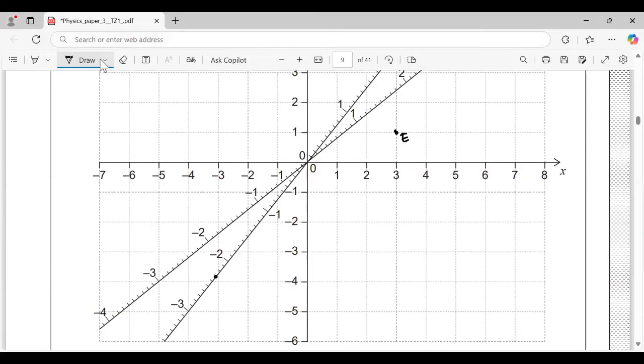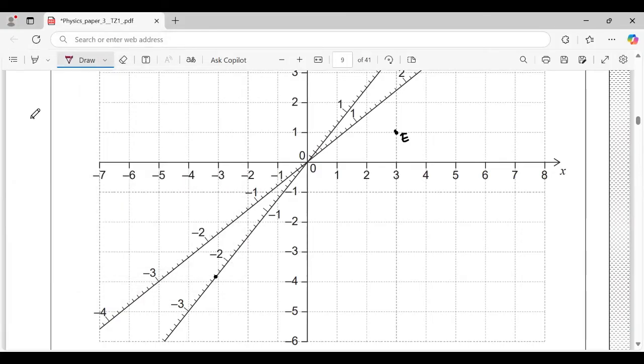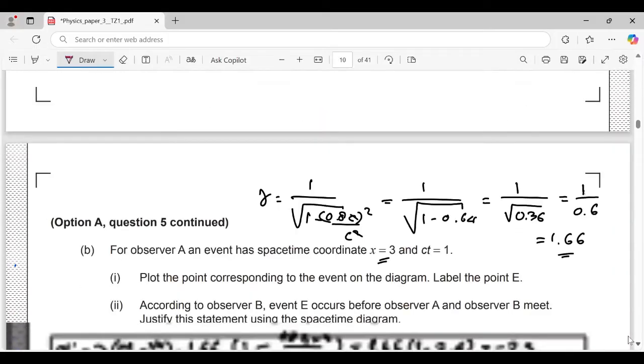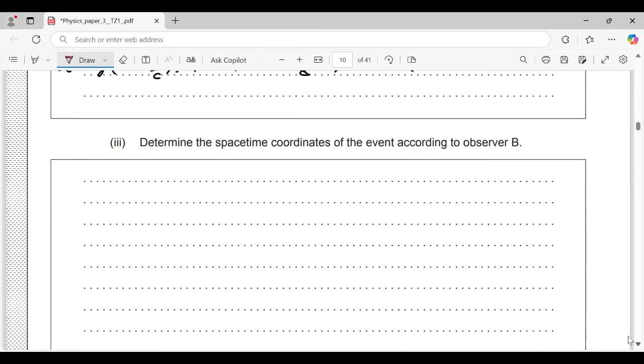And we're going to create the strike line from E, from coordinate point E to here. Okay, the strike line, and you may create the strike line using your ruler. Determine the space-time coordinates of the event according to observer B.